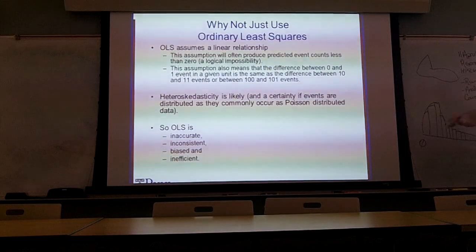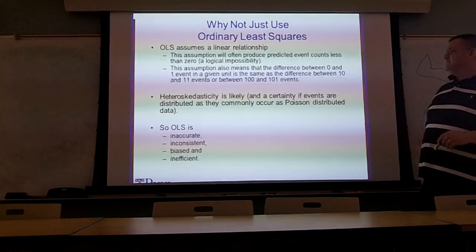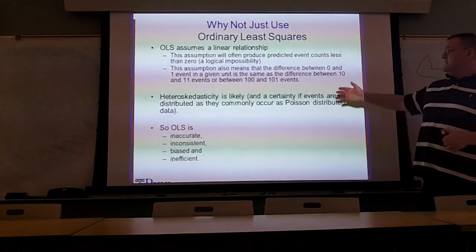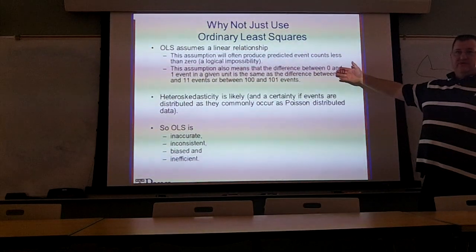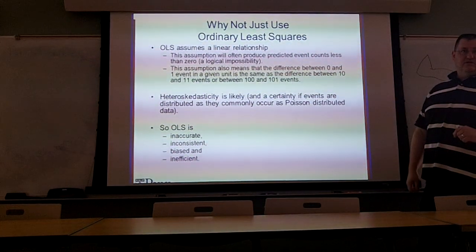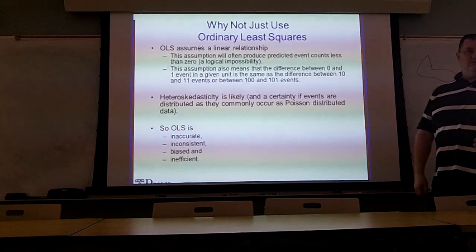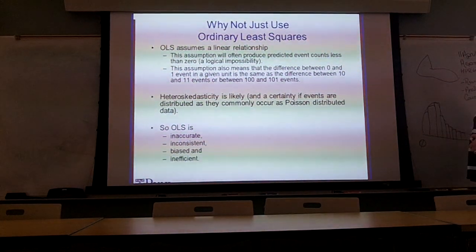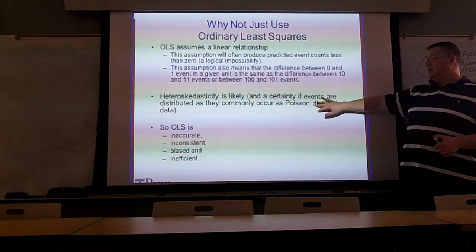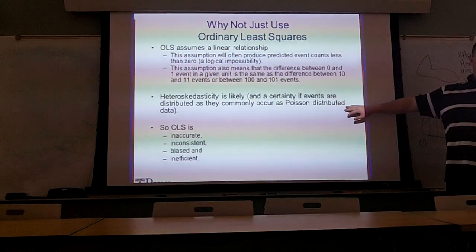The same thing applies here: this concept of equidistance doesn't necessarily fit with these data, and the relationship is going to be another nonlinear relationship. We talked about the heteroskedasticity.